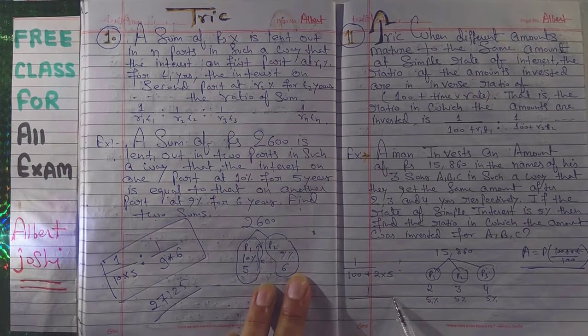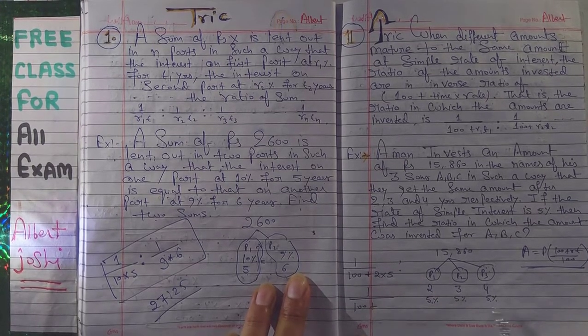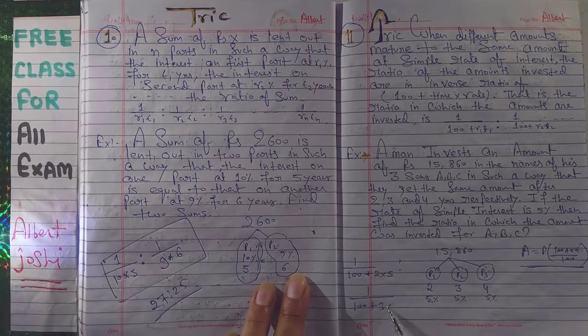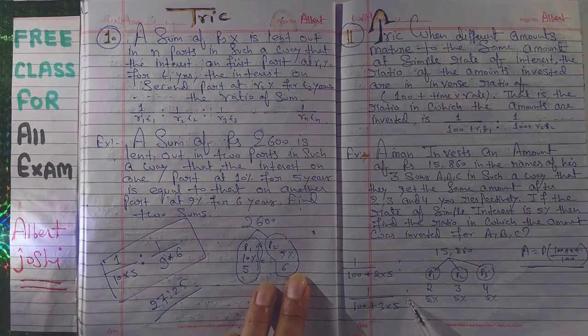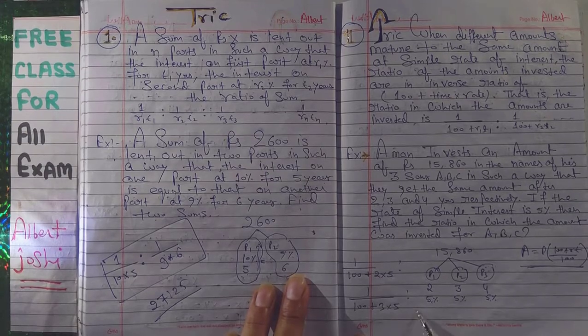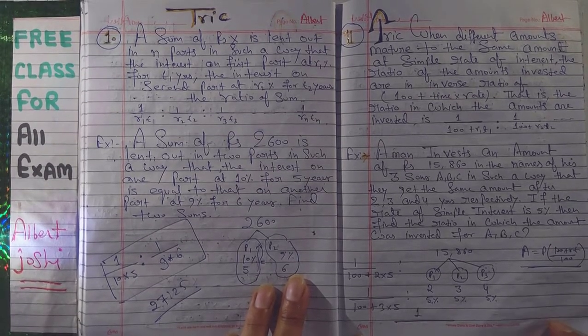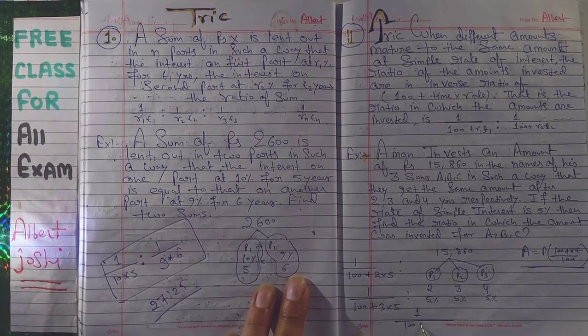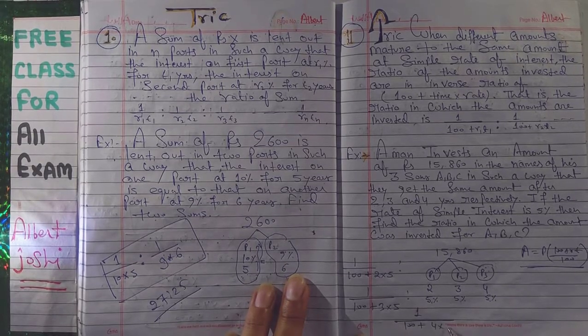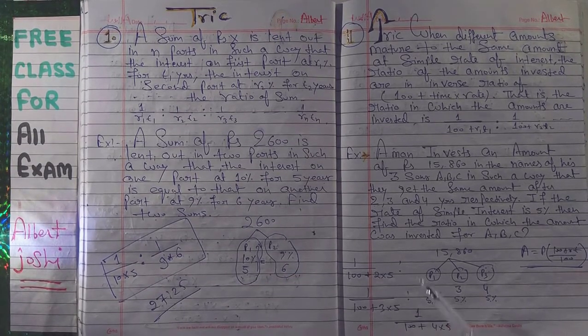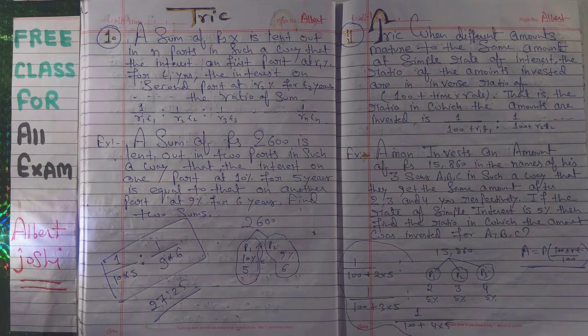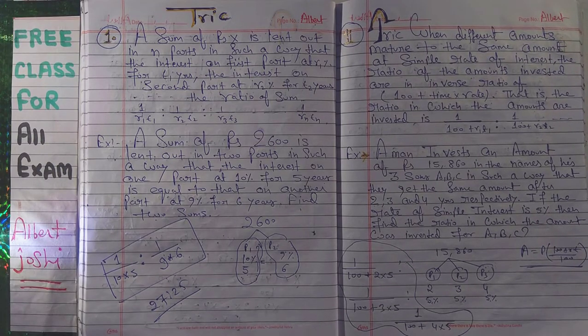Ratio 1 upon 100 plus 3 into 5. Ratio 1 upon 100 plus 4 into 5. That is your answer. This ratio is your answer. Very simple. You have to understand only the logic.